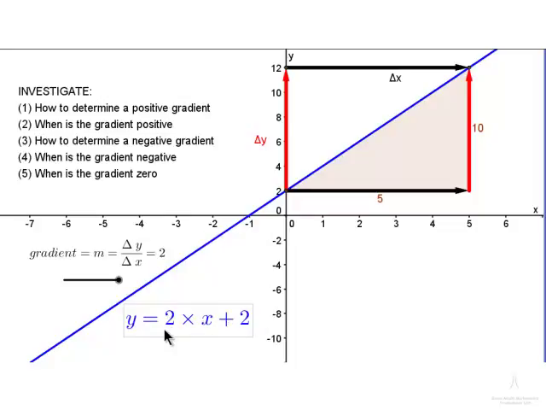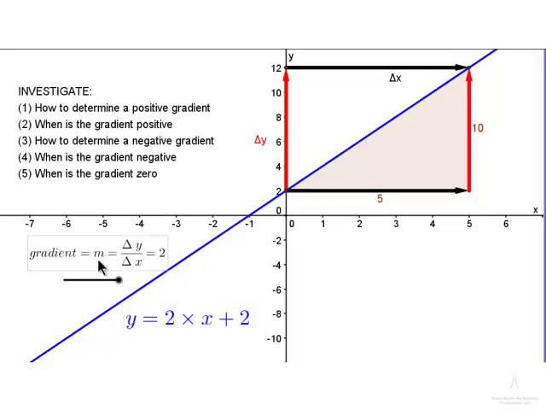Now note from our previous discussions, this 2 that you add really is a vertical shift by 2 units upwards, while this 2 that we multiply with here is a vertical stretch by the factor 2. But we now look more specifically at the role of this value here as the gradient.